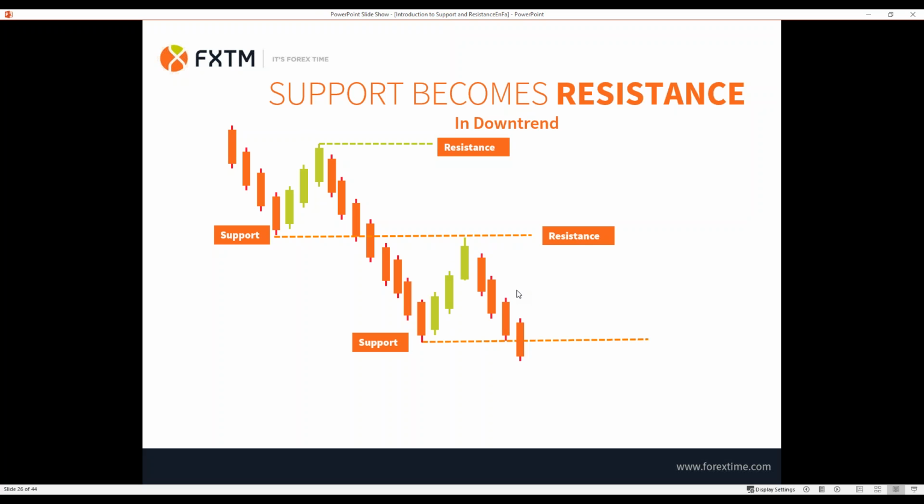And of course, prices break again through the support. And now this last support becomes resistance. So the important thing to remember again is that during a downtrend, support will be most probably breached, broken, violated.